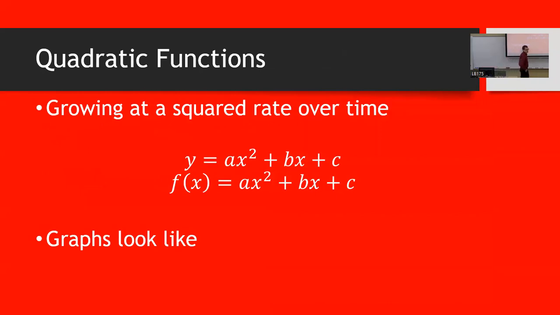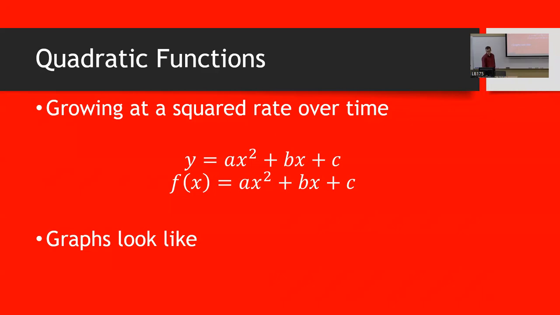Quadratic functions or quadratic equations algebraically look like y equals ax squared plus bx plus c, where a, b, and c are real numbers. Again, we saw that in the last chapter. That was the algebraic part of it.